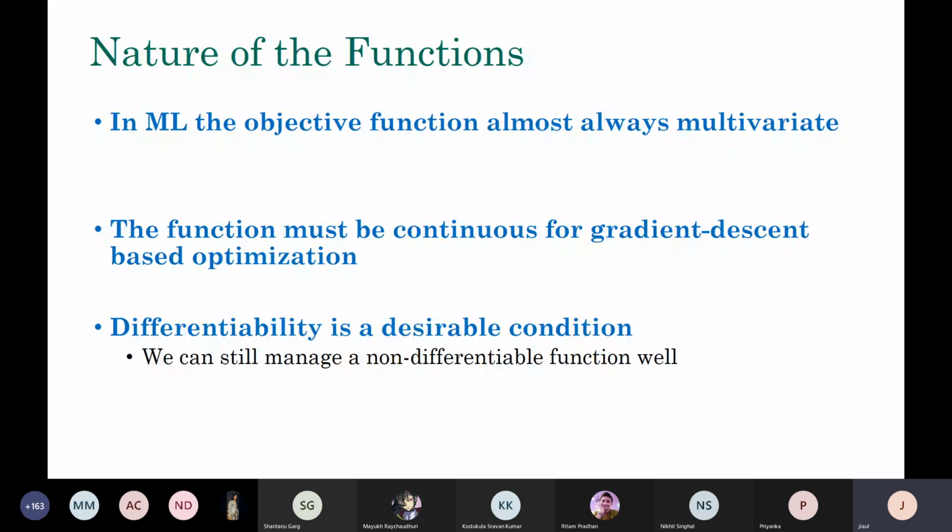So differentiability is a desirable condition. If you have that, good. If you still do not have that, you can still manage. You can still manage non-differentiable functions. When we talk about ReLU and things like that, we will get to know how we do that. A little bit of manual tweaking actually makes it work. So that is not a problem at all. And we will see a couple of examples.